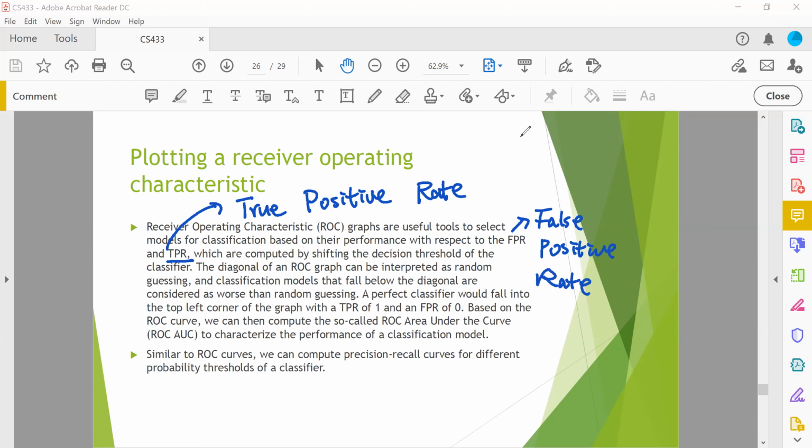Previously we discussed the precision definition, and recall, and we also have an F1 score.